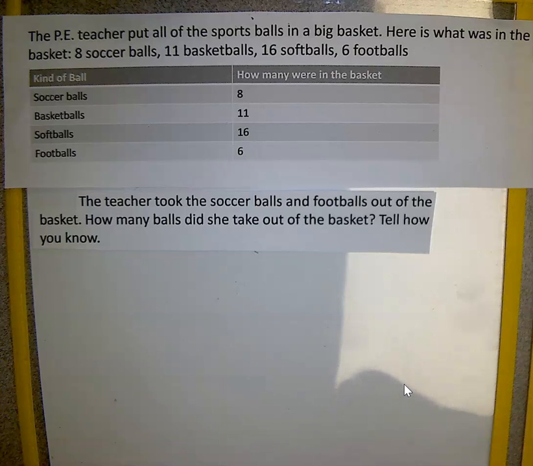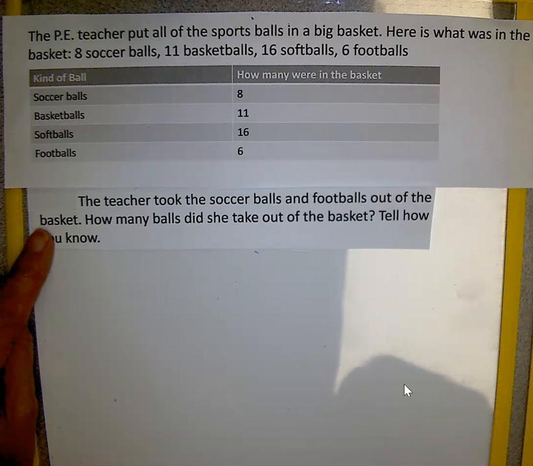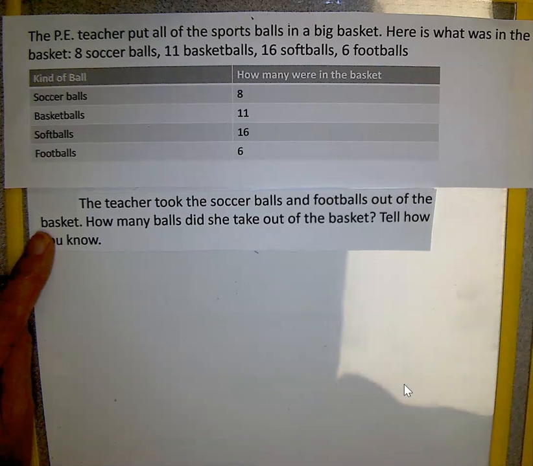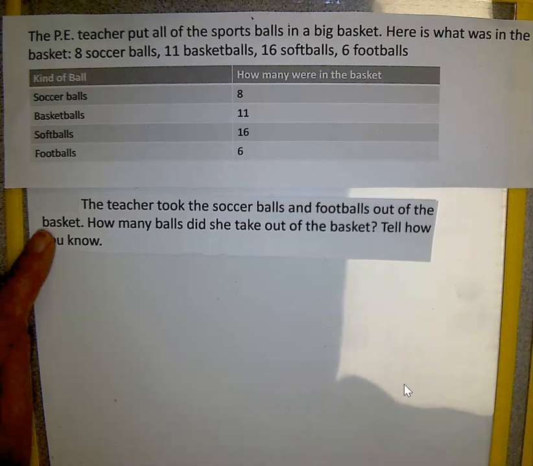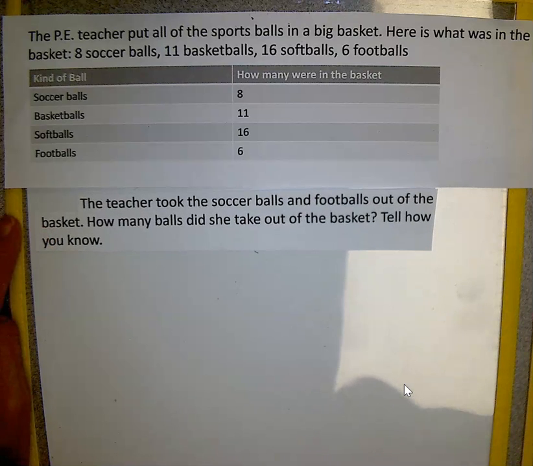Let's think, what are they asking? Let's reread this again. The teacher took the soccer balls and footballs out of the basket. How many balls did she take out of the basket? Let's look at our information. What do we need to know?